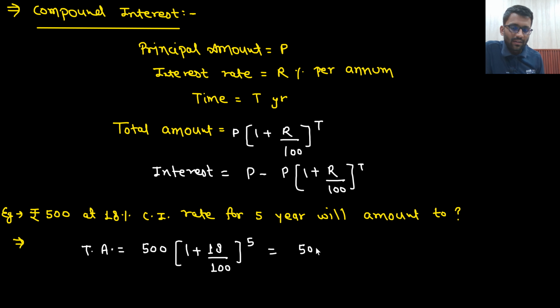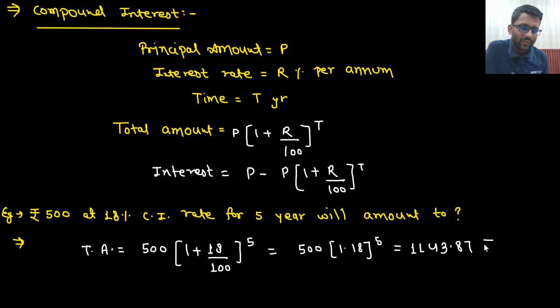So what will I get? 500 into 1.18 to the power 5. I will have to calculate 1.18 to the power 5, into 500. So you will get 1143.87 rupees.